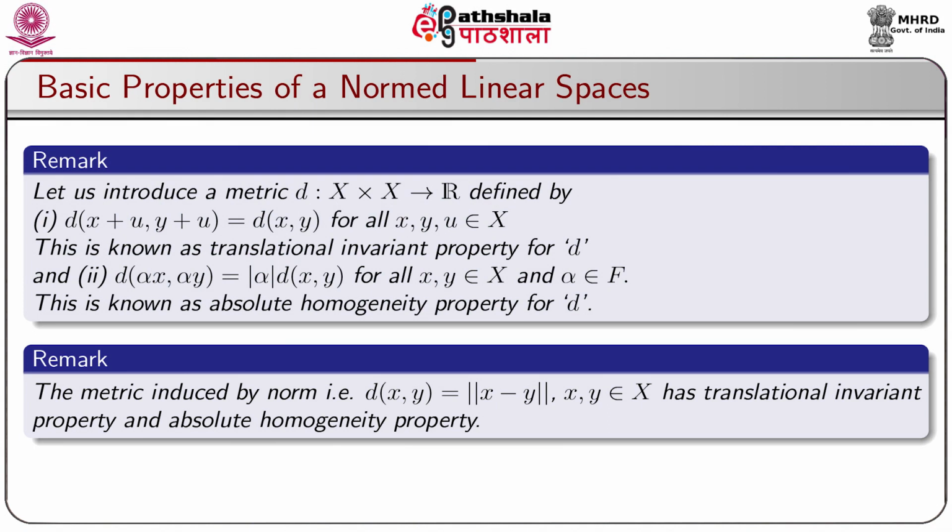And number 2, d(alpha x, alpha y) is equal to mod alpha times d(x,y) for all x, y belonging to X and alpha belonging to F. This is known as the absolute homogeneity property for d. Now, we have a remark that the metric induced by a norm, that is, d(x,y) equal to the norm of x minus y, x, y belonging to X, has the translational invariance property and the absolute homogeneity property.